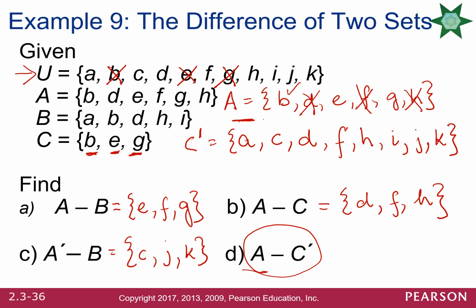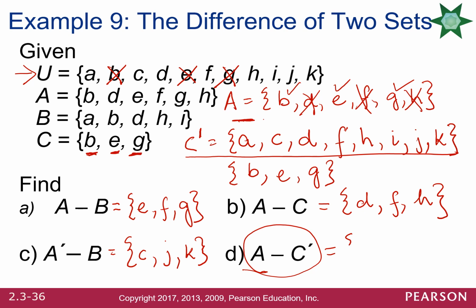All right. So what is our final answer for A minus C naught? Are all the remaining ones, B, E, and G. All right. So we're going to list out those, B, E, and G, and then write them here.